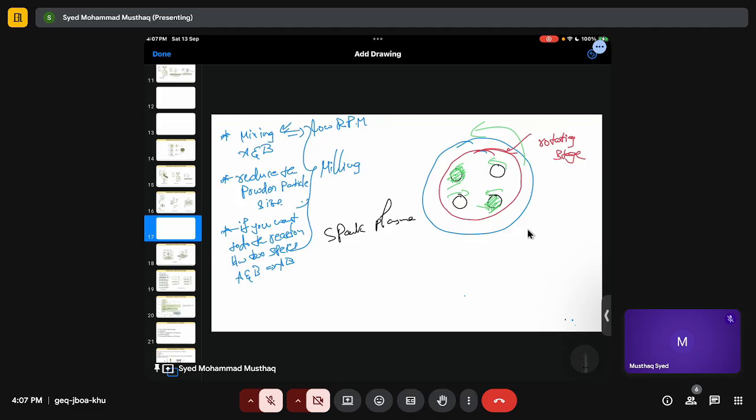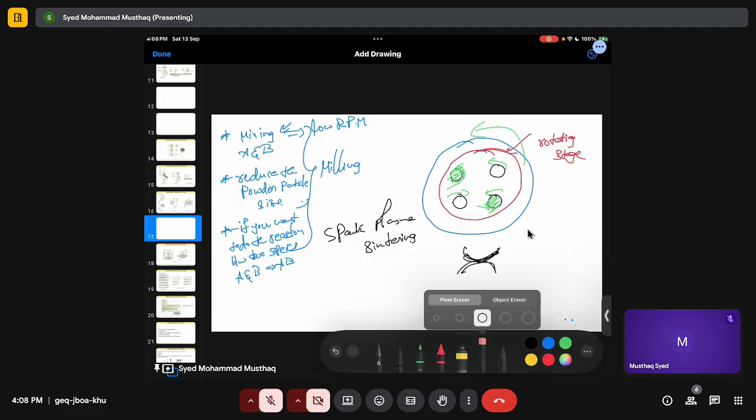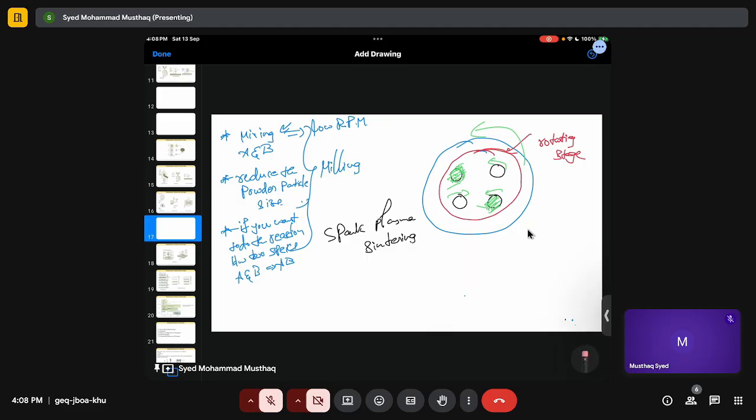Spark plasma sintering. So it's nothing but you have your powder particles which are packed. These powder particles are touching each other when you make a compact pellet, a green pellet.